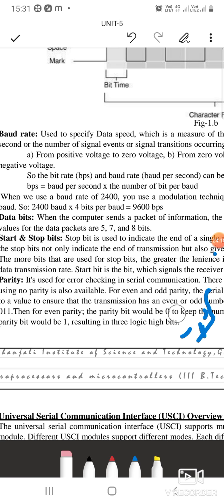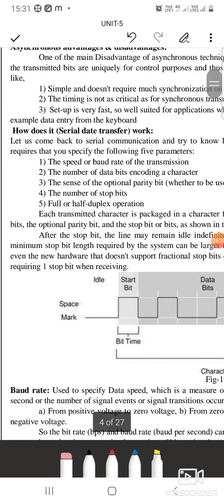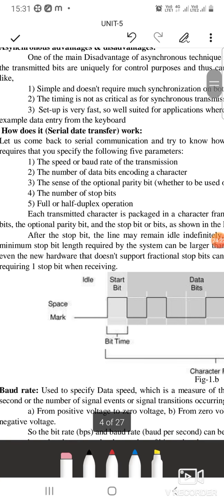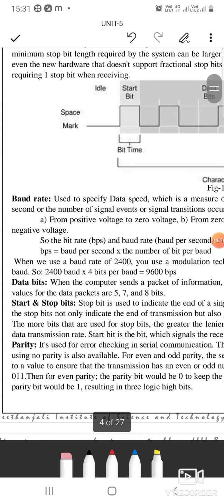Another important point while working on this data is the number of data bits encoding a character. So how many data bits are you encoding? The data is transferred in the form of data packets. So how many bits do you have for a data packet?